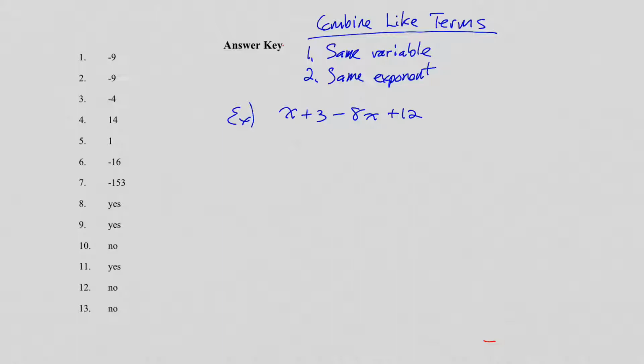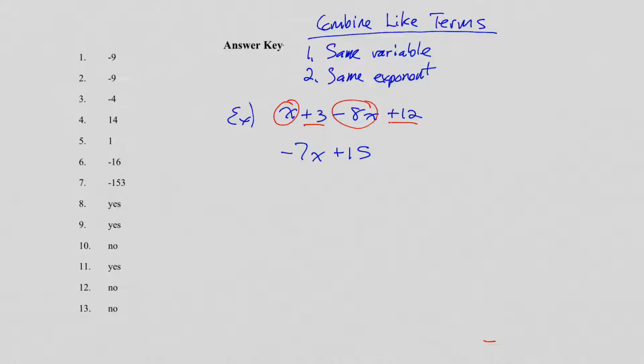So we see that we have x's right here. Those two can be combined to get negative 7x. And these two can be combined to get 15. Okay? So we've made this expression simpler by going from 4 terms to 2 terms.